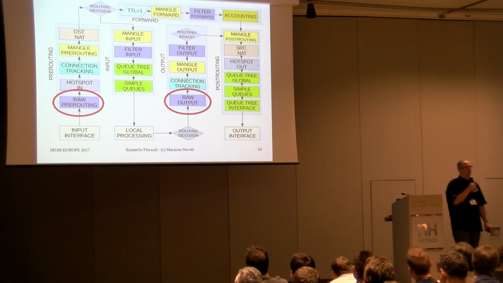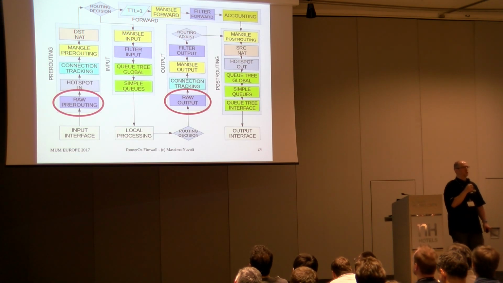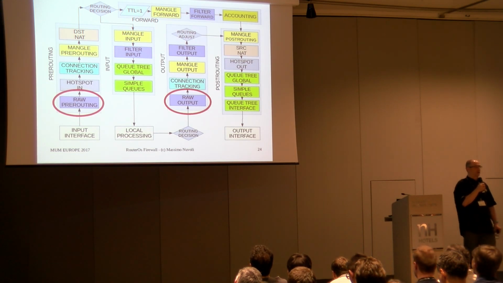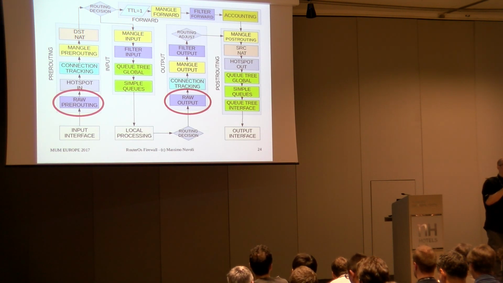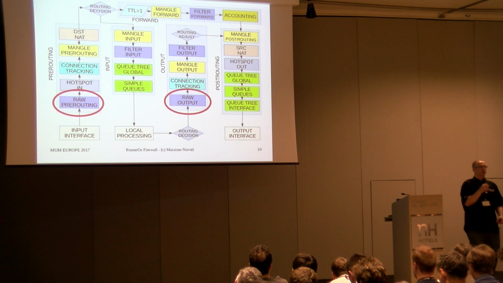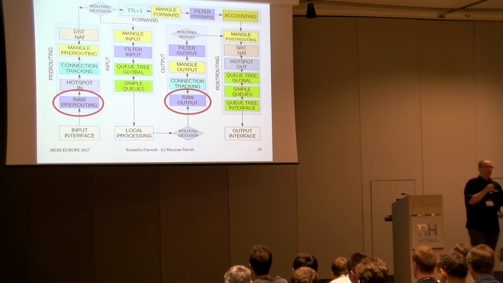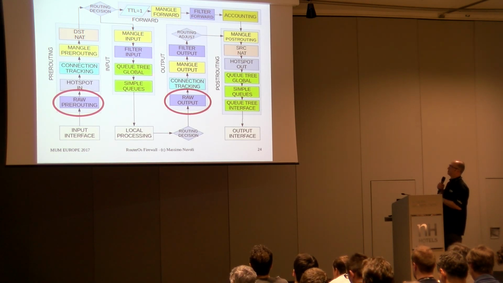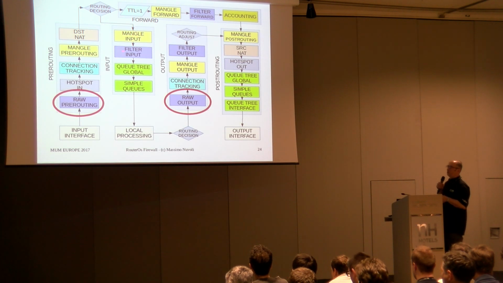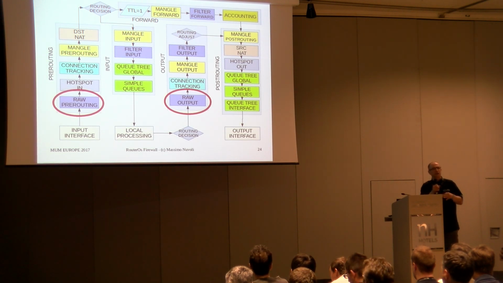Why do you need raw? You need raw to do some nasty things about DoS. If you are receiving a big quantity of data, you want to discard it. But if you put a rule in the filter forward or the filter input, the packet goes through hotspot, connection tracking, mangle, destination NAT, routing decision, and other things inside the RouterOS.